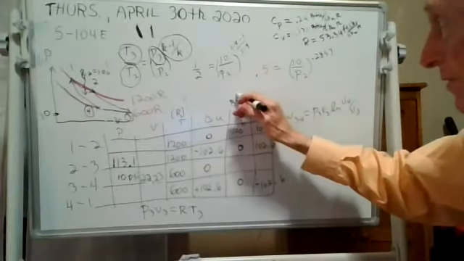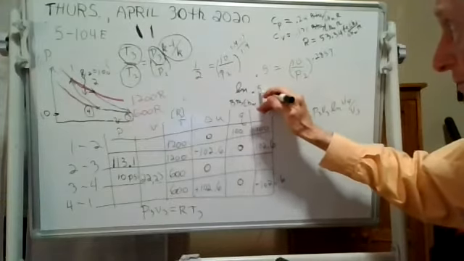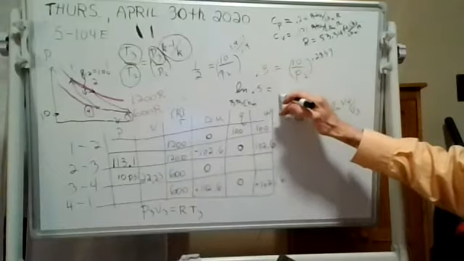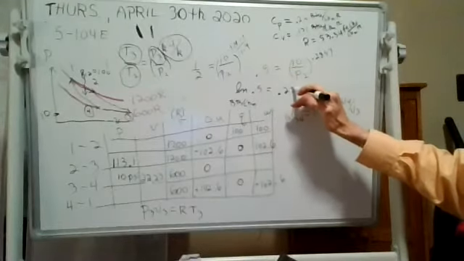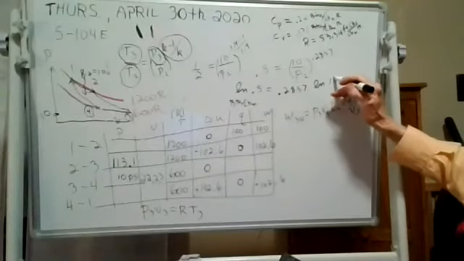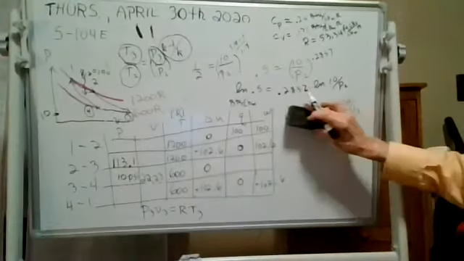One way is you can go natural log of 0.5 is equal to the natural log of this thing, which is equal to 0.2857 times the natural log of 10 over P2.